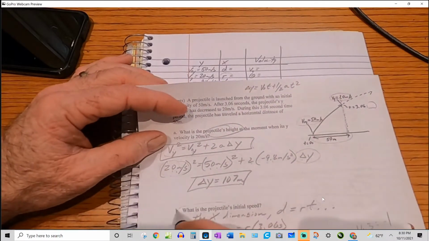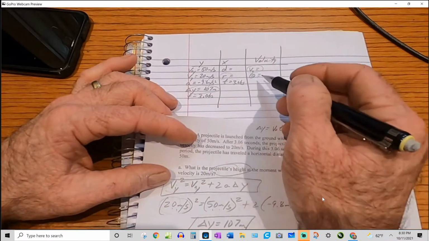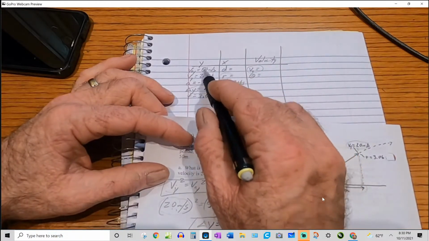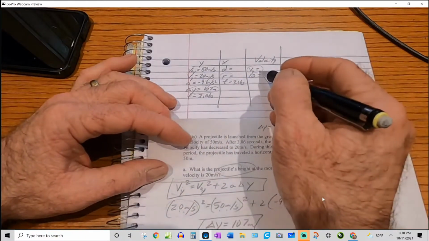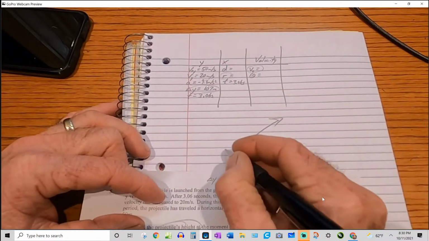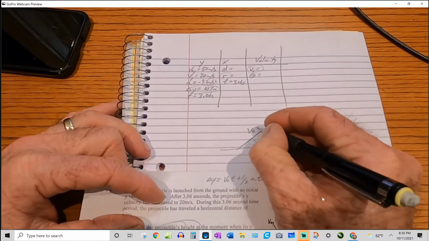Now, initial speed, I'm looking for this, not the initial x velocity or y velocity. I need this. So let me clarify what I mean by that. Here's theta. I want this.